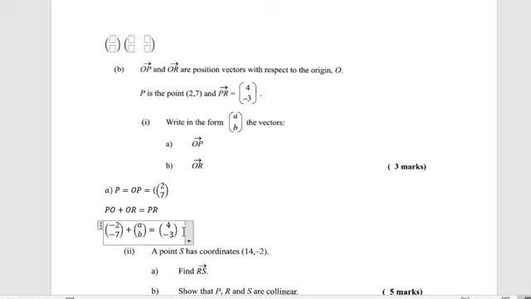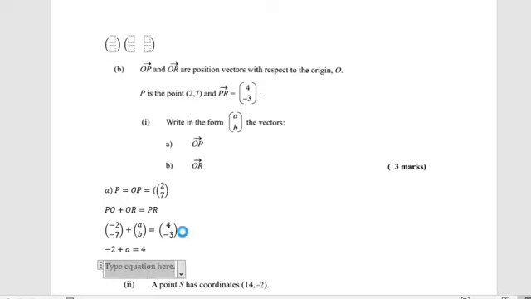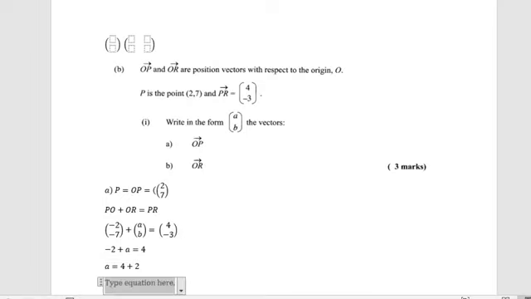So what we have is -2 plus A is equal to 4. So we're just going to go ahead and solve for A. Therefore A is equal to 4 plus 2, as 2 was negative, so when it comes across it is positive. So A is equal to 6.